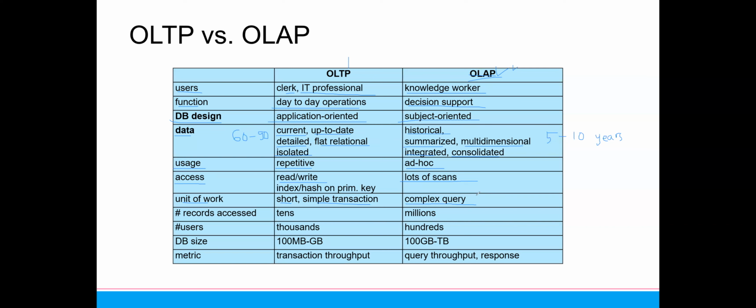And usually in the OLTP, the number of records that you want to access is maybe 10 or 20, not that many, but in the OLAP, there will be millions of records that you need to access.